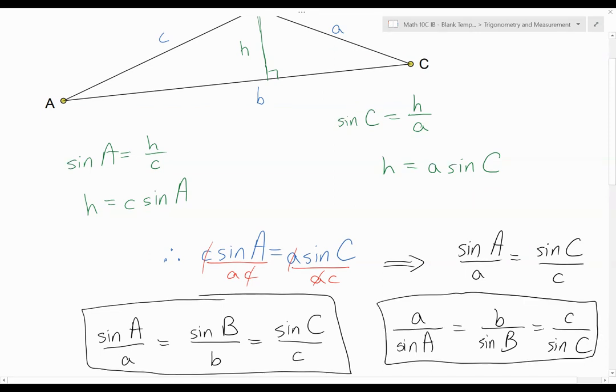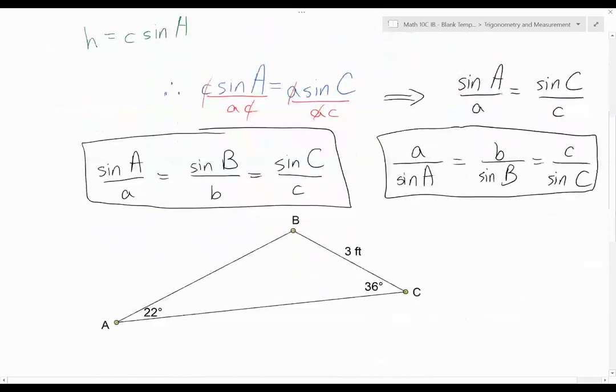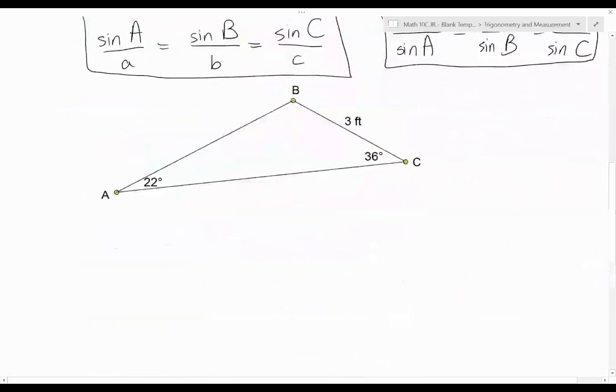And typically I will use whichever form has the unknown in the numerator, because it is a little easier to think about solving this if the thing I'm looking for is in the numerator of a fraction. So let's look at a specific example of what this could mean.